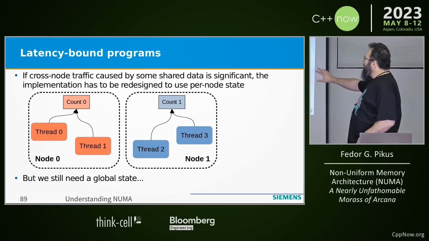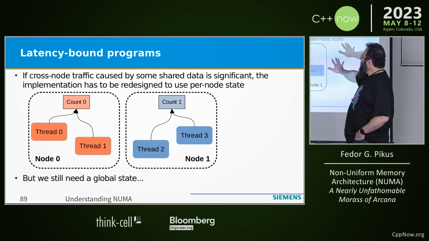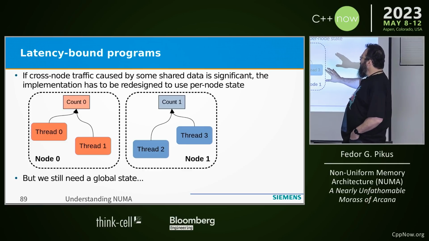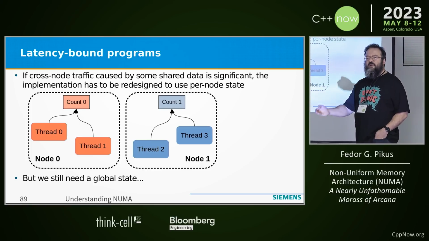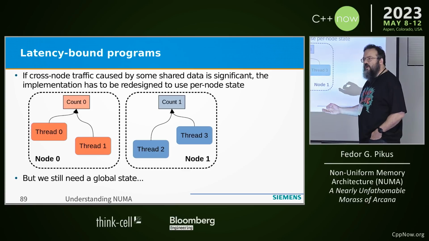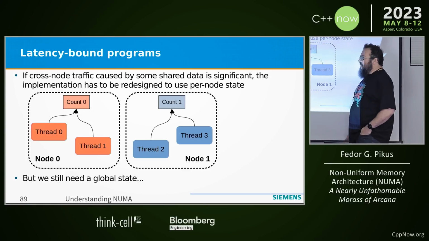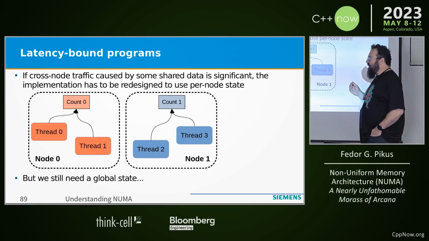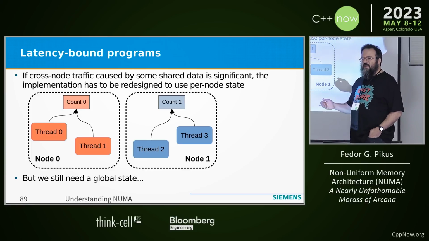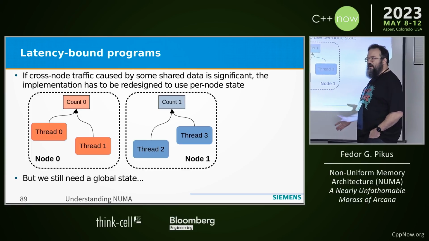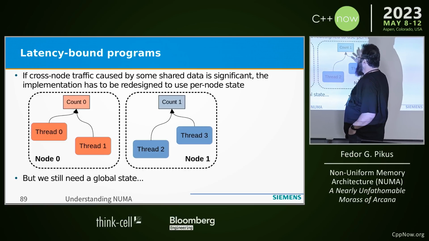Okay, so we've done this. We allocated our data, but we still need a shared global state. Our thread pool, parallel for each, needs shared global atomic state. There's no getting away from it. So in this case, you have to do a hierarchical global state. For example, this is a very simple thing.